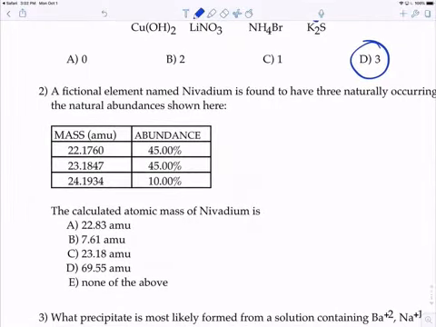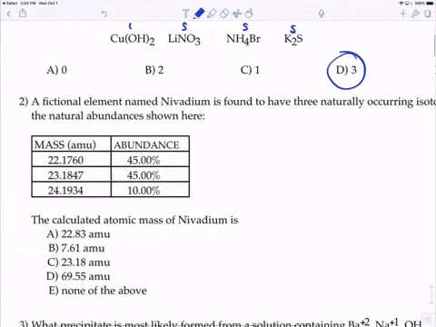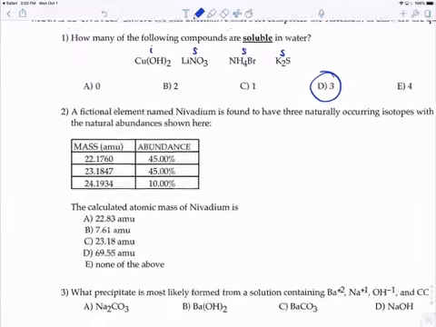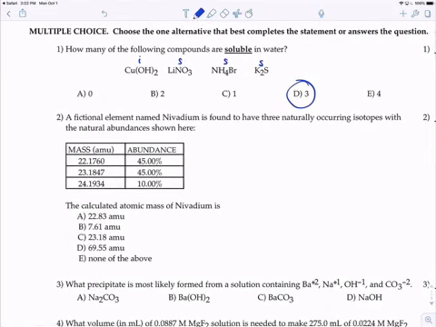A fictional element is found to have three naturally occurring isotopes with their natural abundances shown here. The way you solve this problem is the formula: sum of the masses times the abundance.